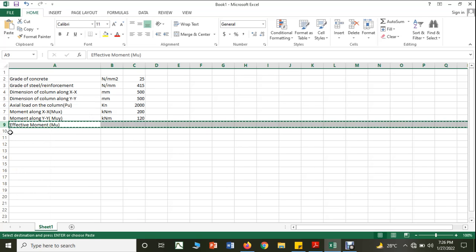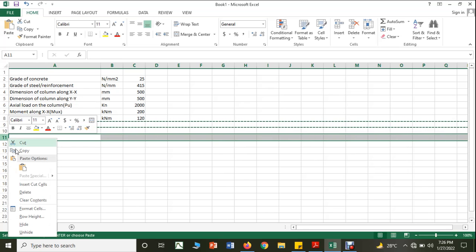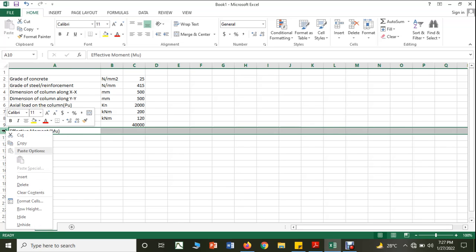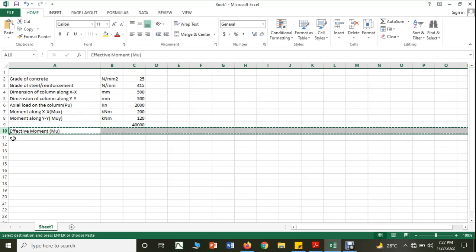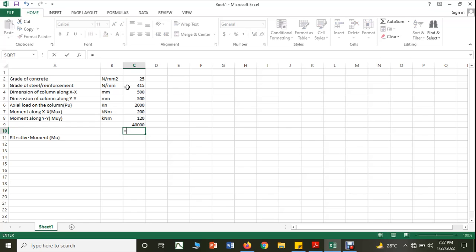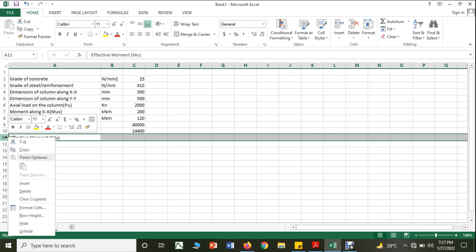I will cut this and paste it here. First I make Mux square, then next you have Muy square. Now let us take the square root of this.